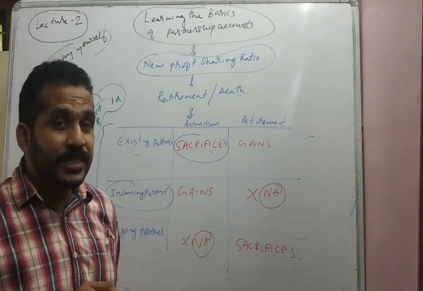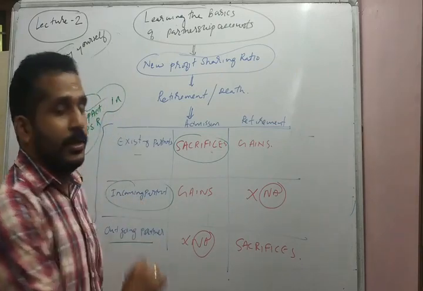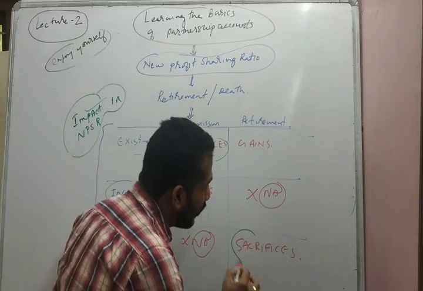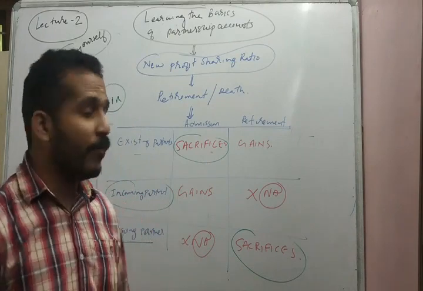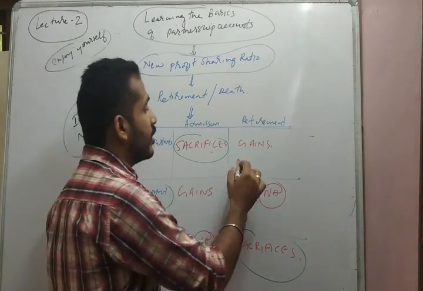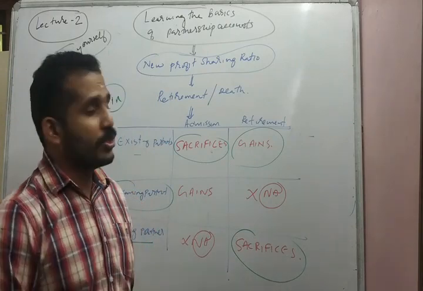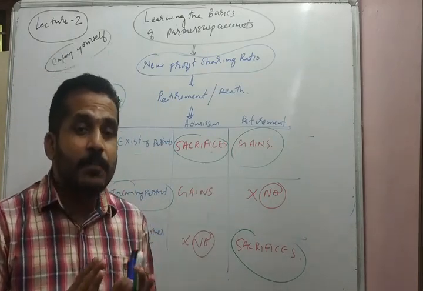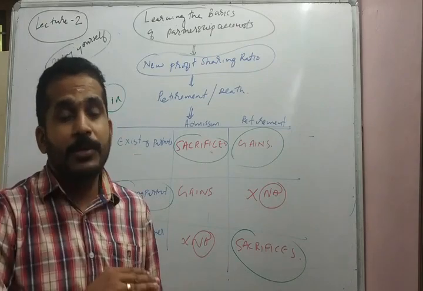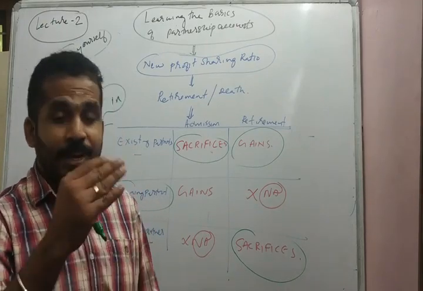So, who is sacrificing here? The outgoing partner. The outgoing partner sacrifices his share in the future profit, and the existing partners' share is increased. So, who is in the advantageous position in the case of retirement? The existing partners. Their share in the future profit will increase.